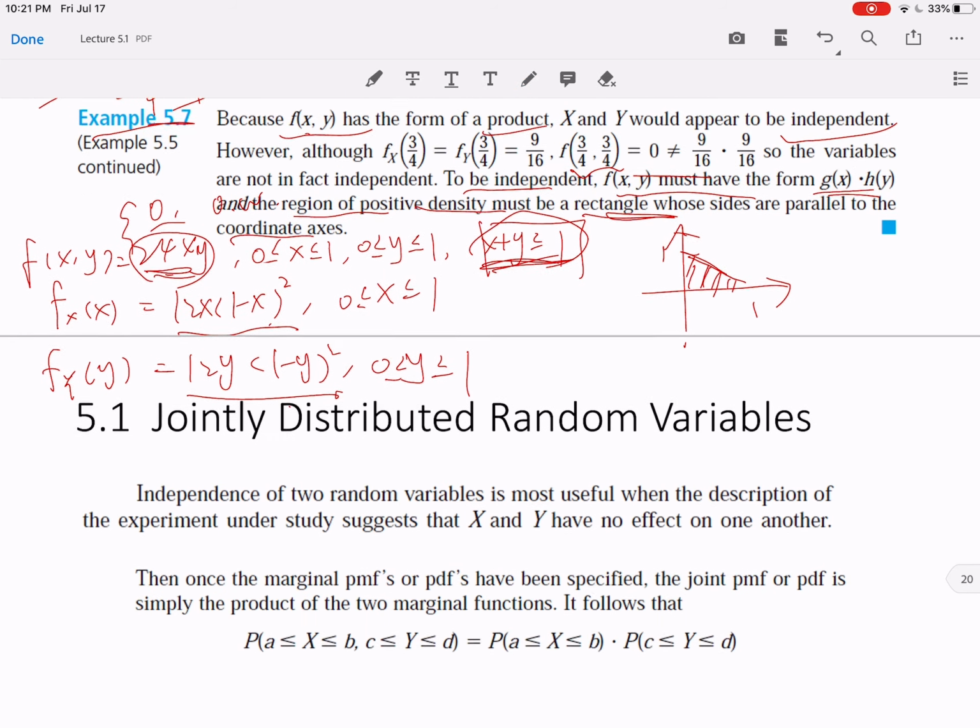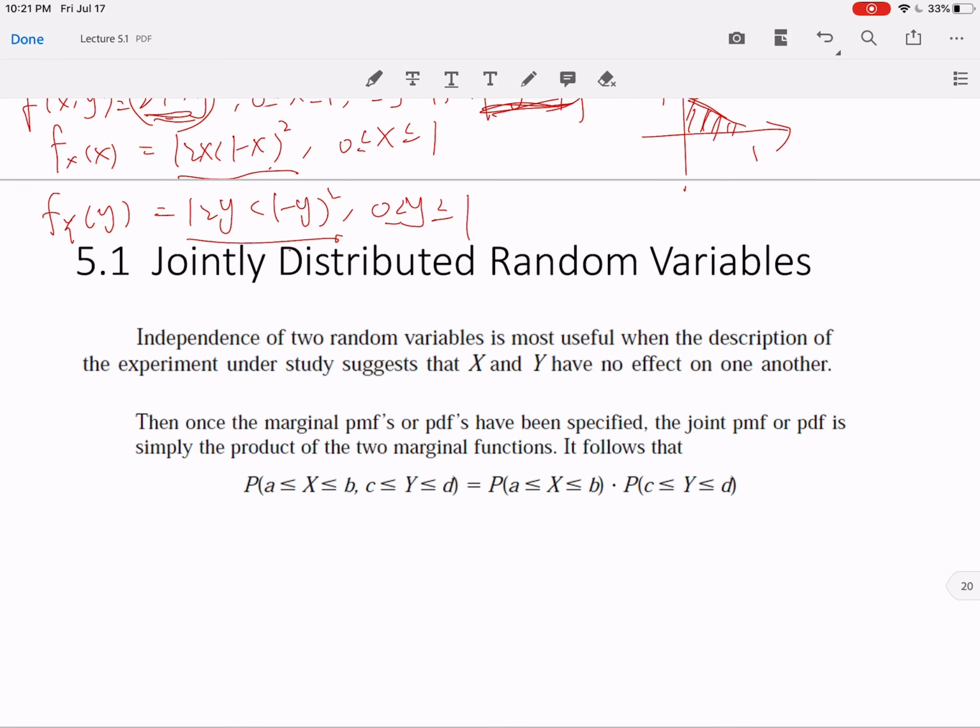Okay. All right, independence of two random variables is most useful when the description of the experiment under study suggests that x and y have no effect on each other. Then once the marginal PMFs or PDFs have been specified, the joint PMF or PDF is simply the product of the two marginal functions.